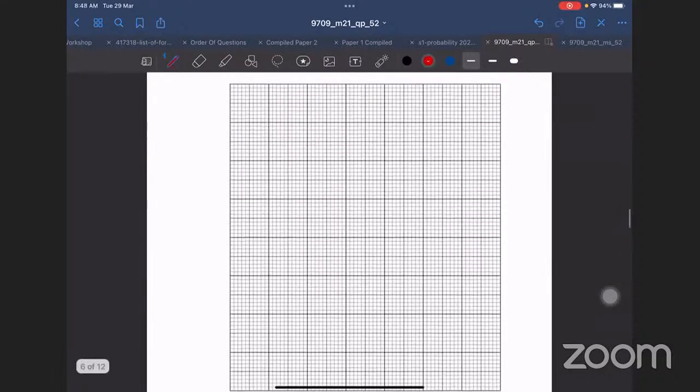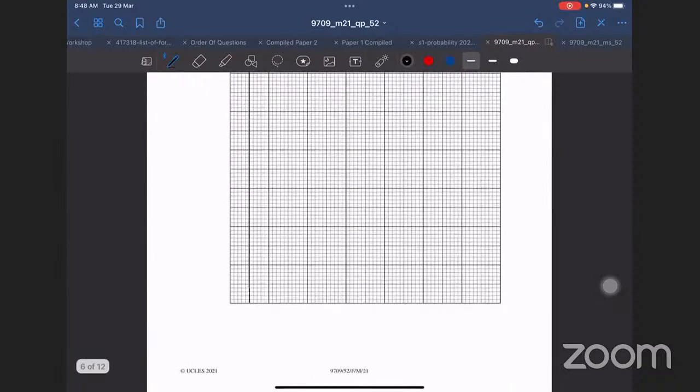Okay, that seems like a reasonable way to do it. Let me just draw this. So this is 0. This is 5, 10, 15, 20, 25, 30, 35, 40, 45, 50, 55, and 60.